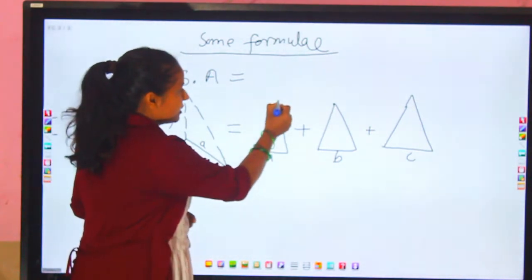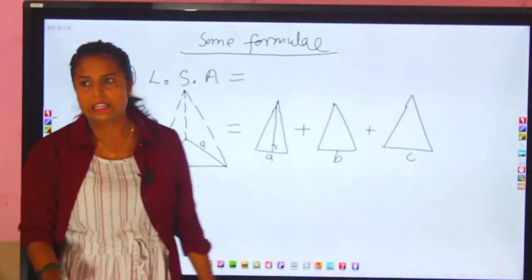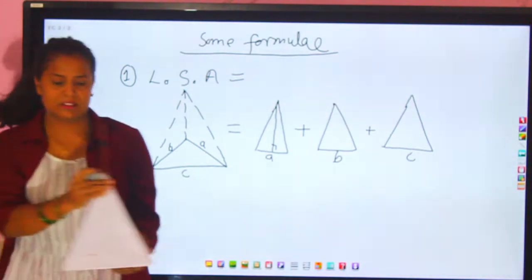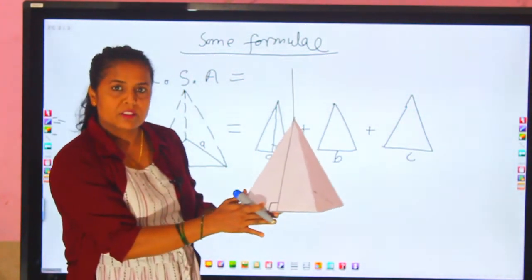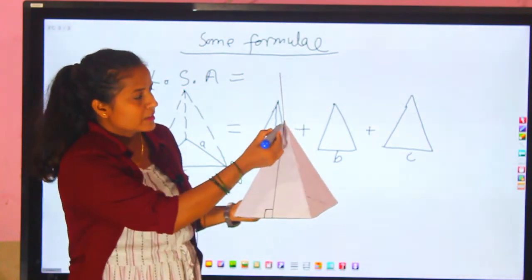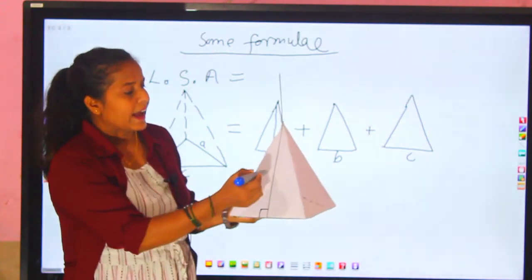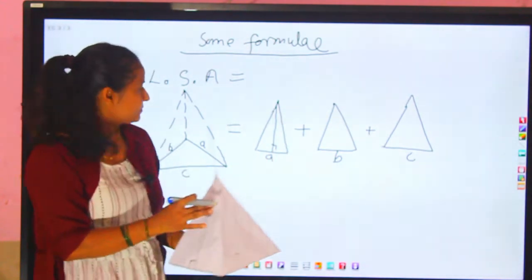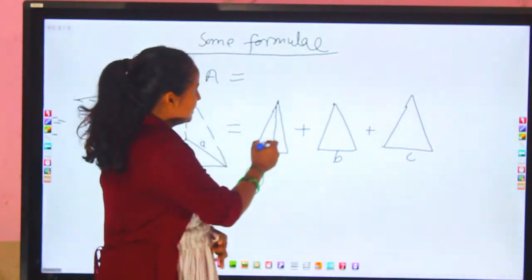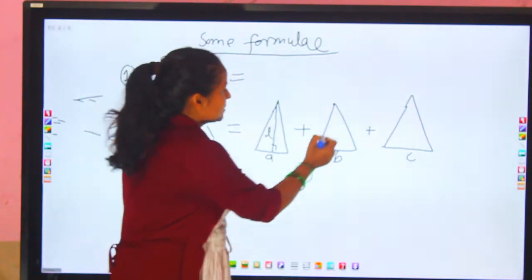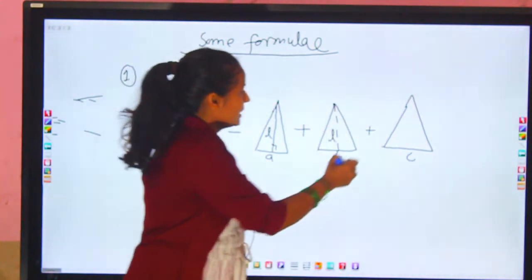For the 3 triangles we need the height of the triangle. Here you can see this face is the lateral face, so this length is called the slant height, that is the height of the triangle. Let us denote the height of the triangle by L because it is the slant height of the pyramid.